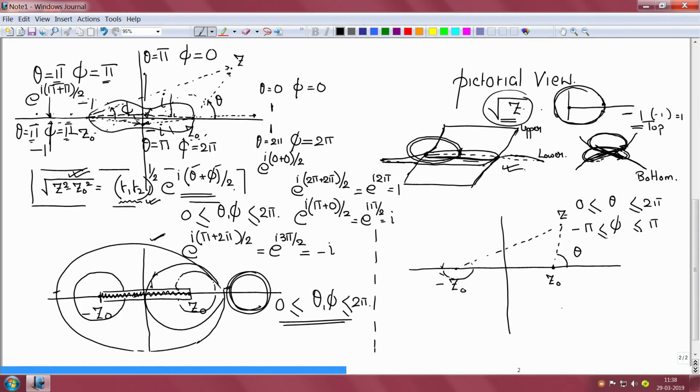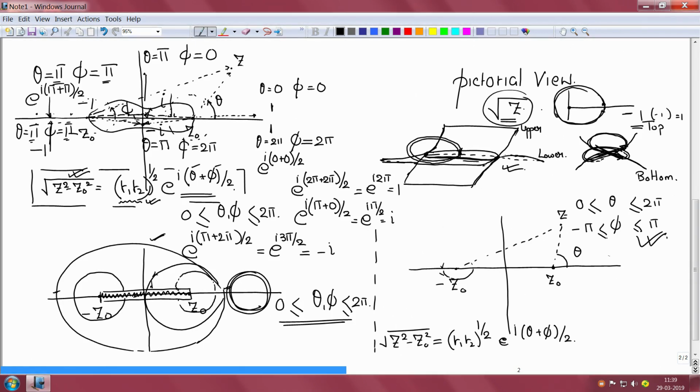So we will be looking at the same behavior of square root of z square minus z0 square, which is equal to r1 r2 to the power half e to the power of i theta plus phi by 2, but theta and phi have these definitions now.